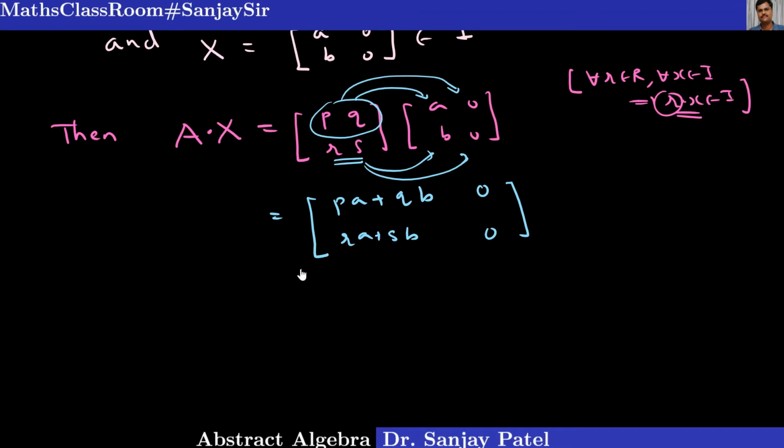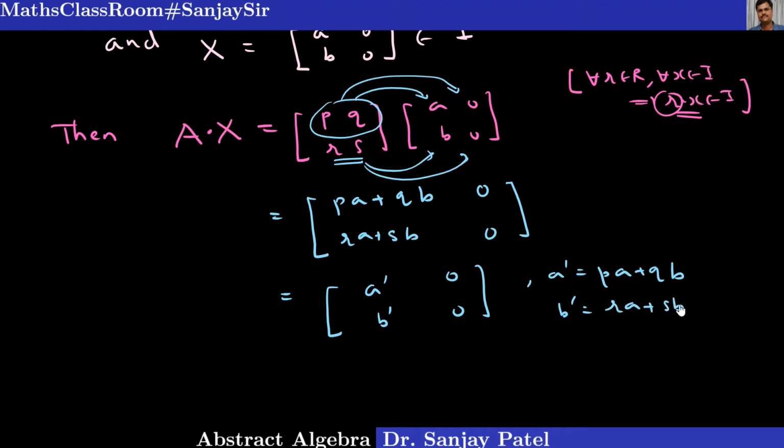So this is again of the form, if you write it like this, say A dash, B dash, 0, 0, where A dash is nothing but P into A plus Q into B. Just I am labeling this number P A plus Q B as A dash and the second number as B dash, and that is R A plus S B, and both are nothing but real numbers.